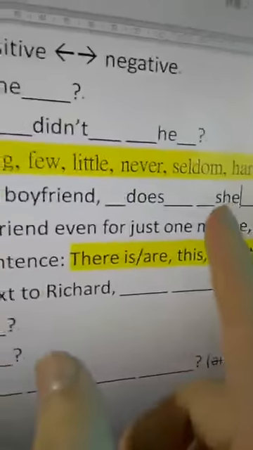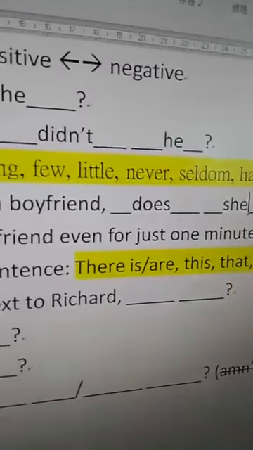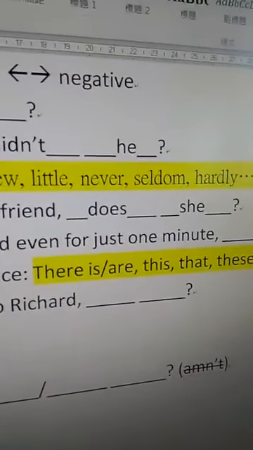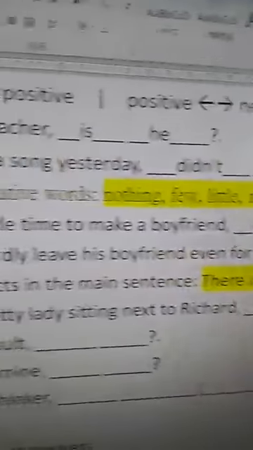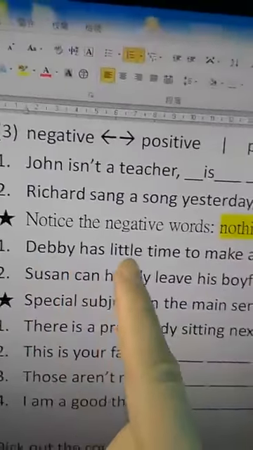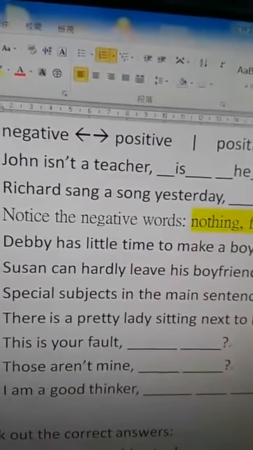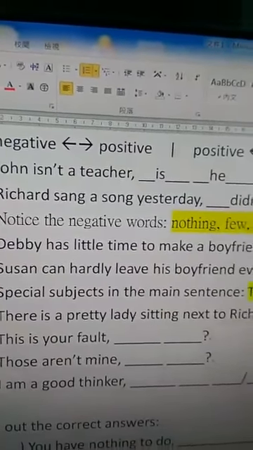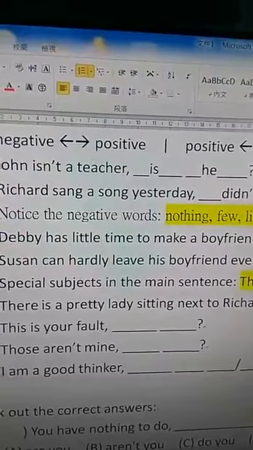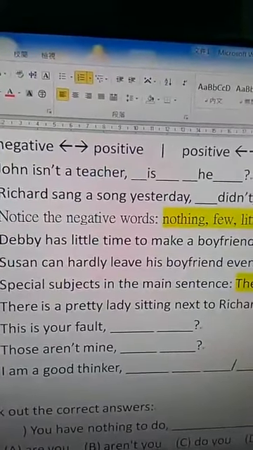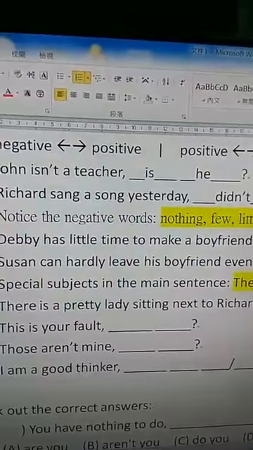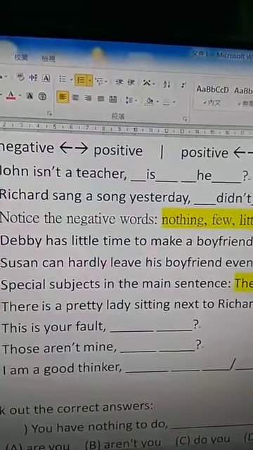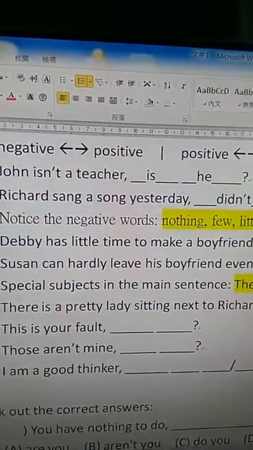And remember that we have to make sure whether this sentence is a positive sentence or a negative sentence, okay? So can you tell me, Debbie has little time to make a boyfriend. Is it positive or is it negative? You're right.